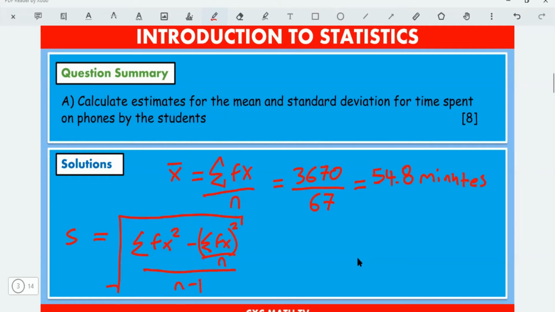I know it looks hectic, but it's very easy. The more you do math, the easier it becomes and the easier it is to remember. That's the formula for the standard deviation.